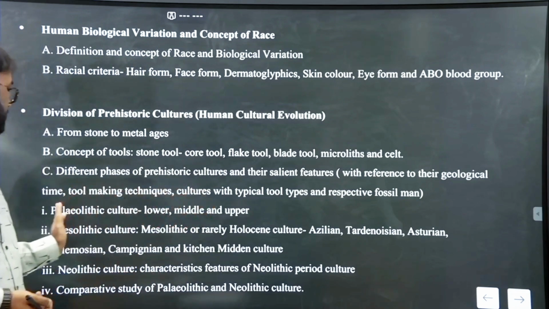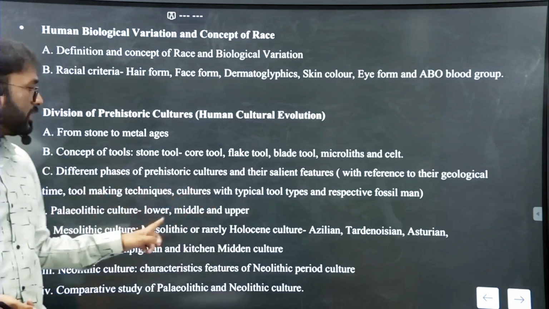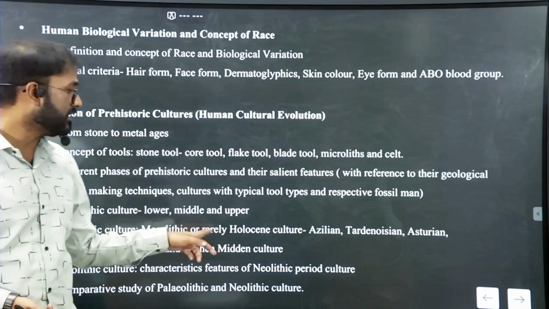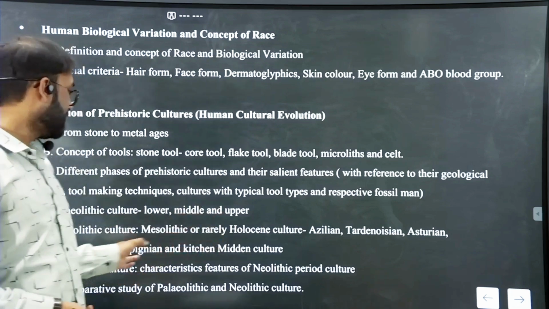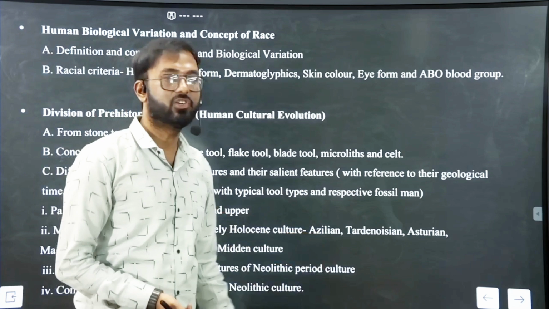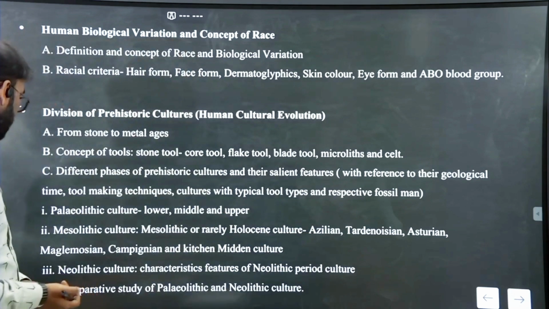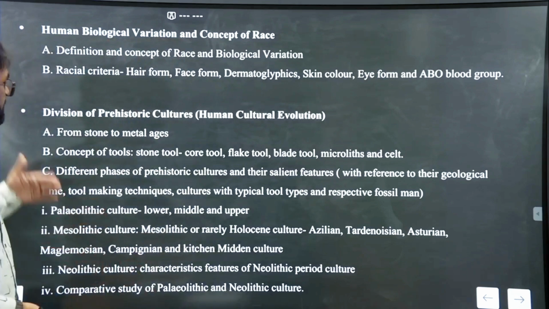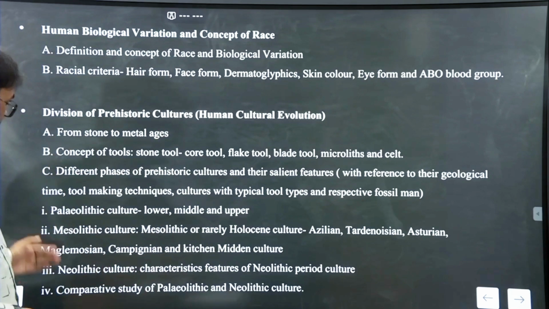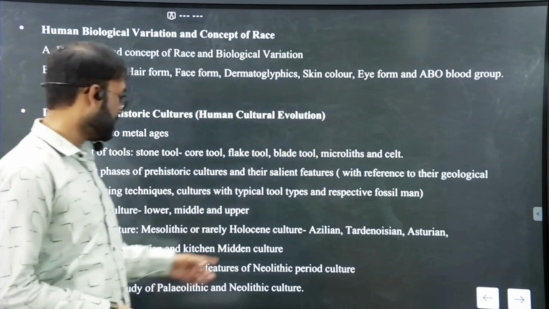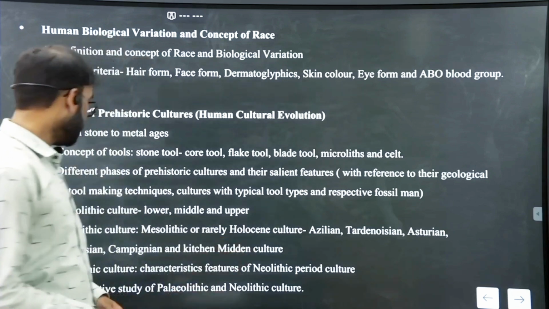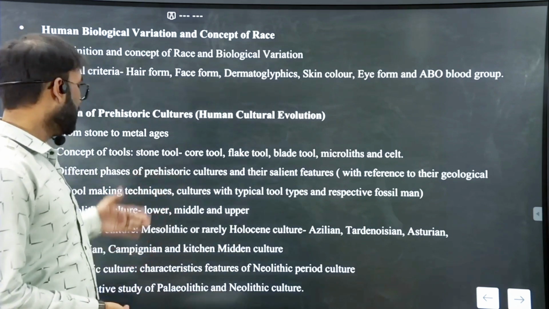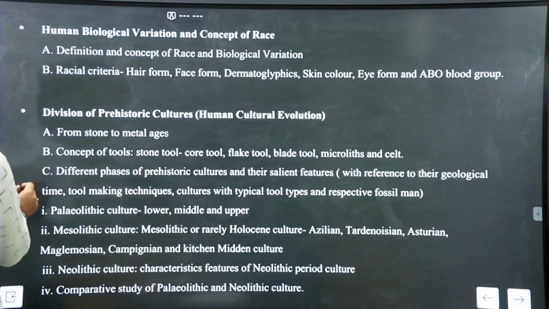Then Mesolithic culture, or Holocene culture, with the cultural phases Azilian, Tardenoisian, Asturian, Maglemosian, Campignian and Chichen Maiden. These are the cultures we have to study in the prehistoric period. Then Neolithic cultures: the characteristic features of the Neolithic period and a comparative study of the Paleolithic and Neolithic. We have to study in detail the difference between Paleolithic and Neolithic culture.